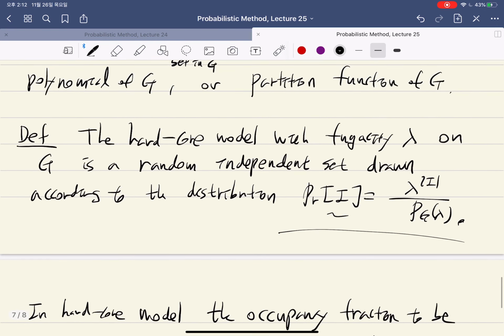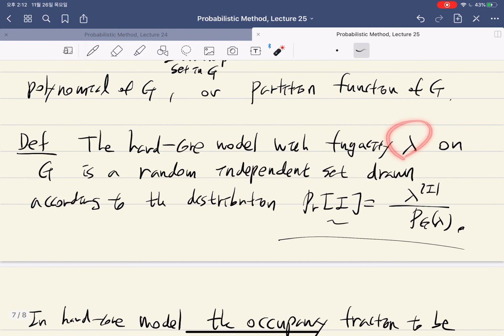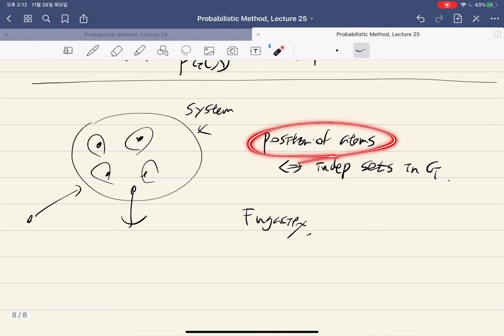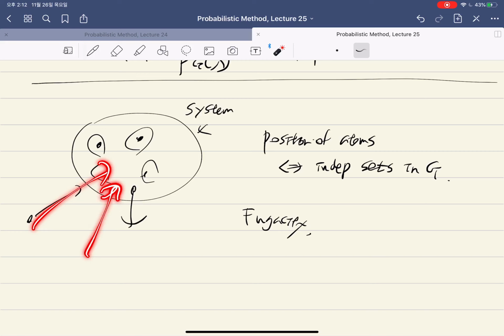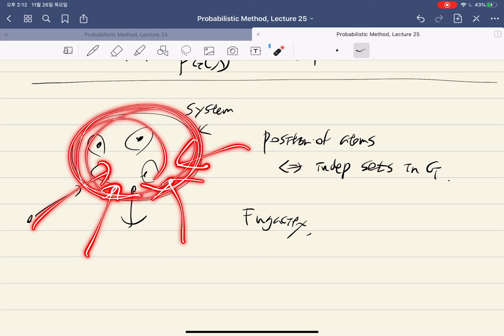So here you have fugacity. If fugacity is large, then it's more likely to pick a larger independent set. So the position of atoms changes over time, and it's a probability distribution in some sense. If fugacity is large, atoms are trying to come in, so there tend to be many atoms.